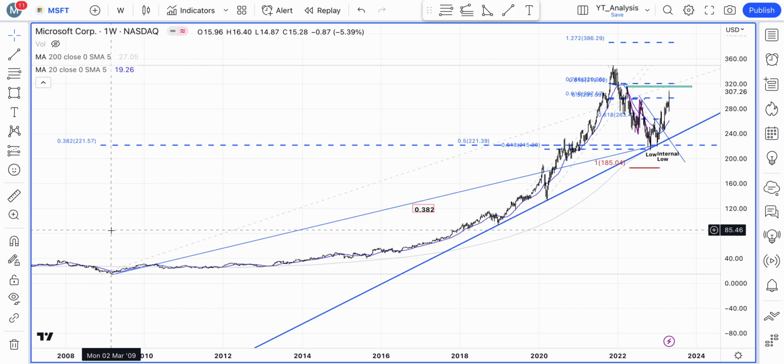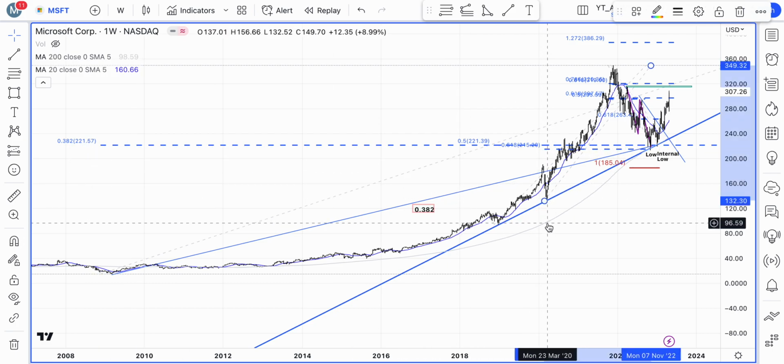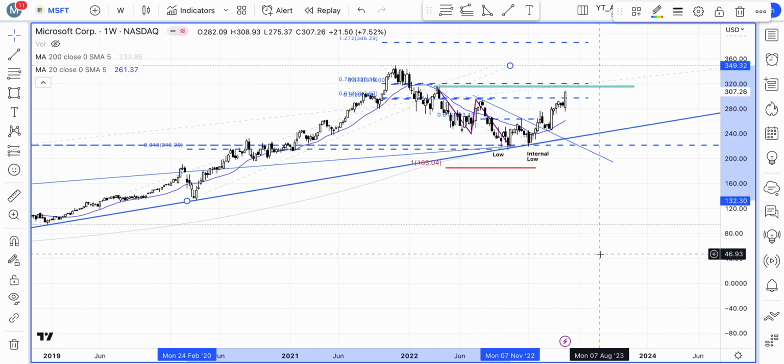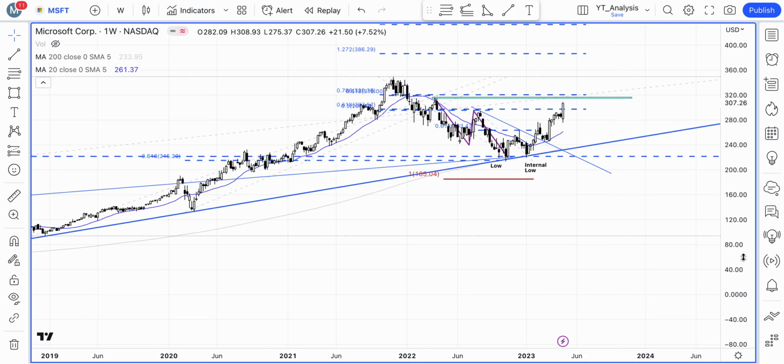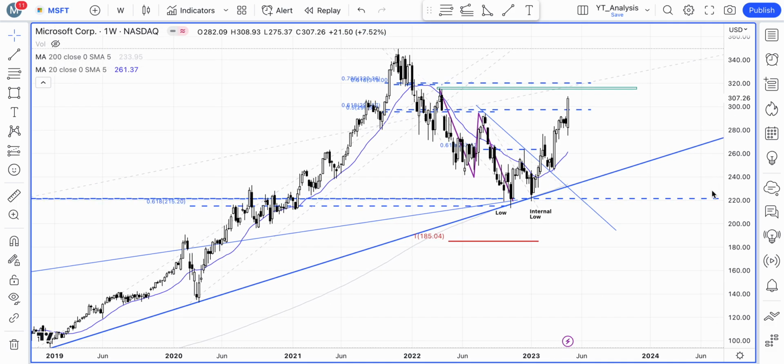So this is the really first key 38.2% retracement only, and also it was right at the 50% retracement of the 20 March 2020 COVID lows. So it's a very strong confluence level, the kind of stuff which we saw on the Apple chart.